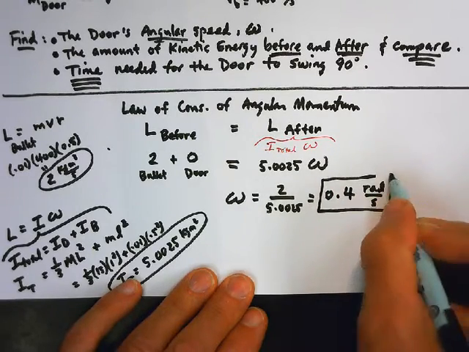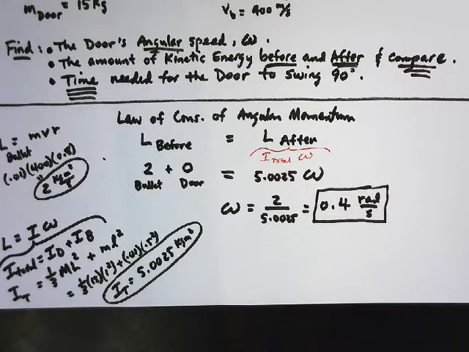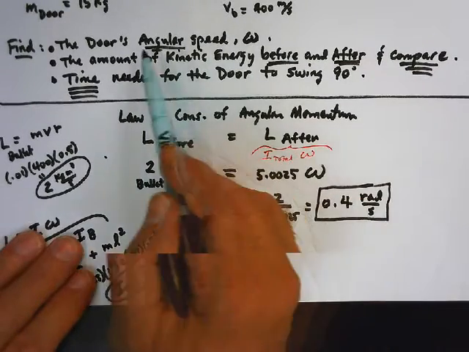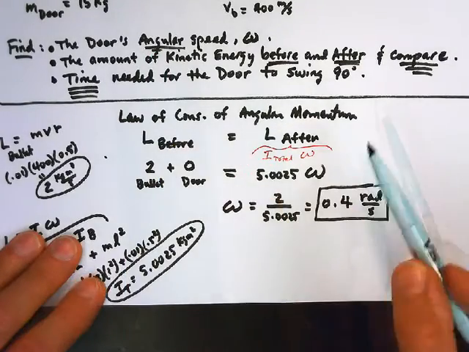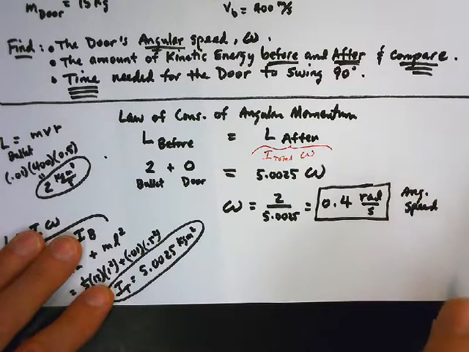So that is the angular speed of the door and the bullet as the door swings open. That's the answer to the first bullet here, the door's angular speed.